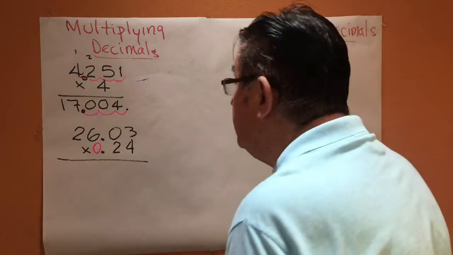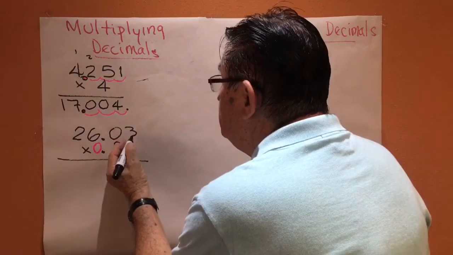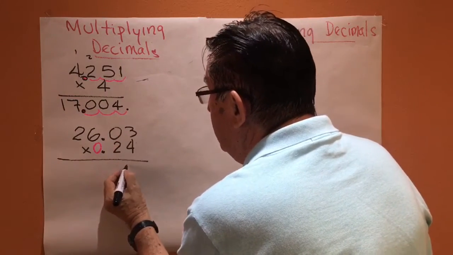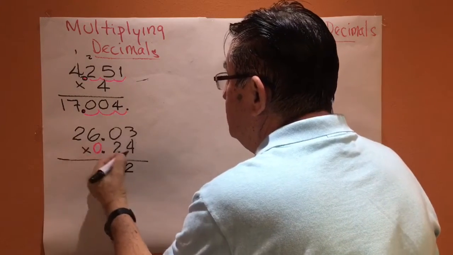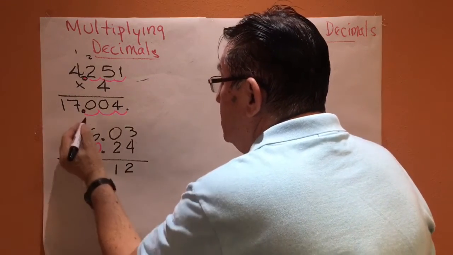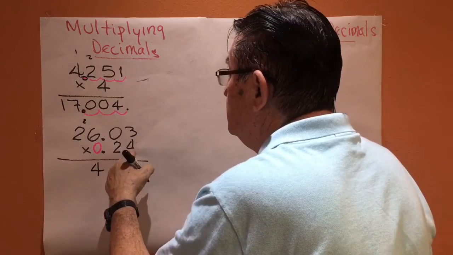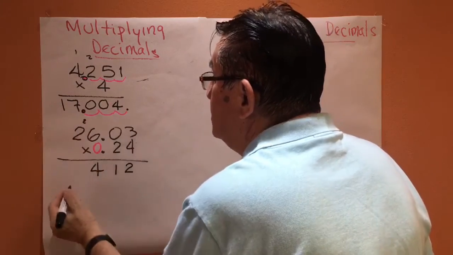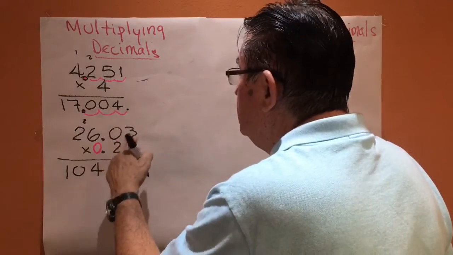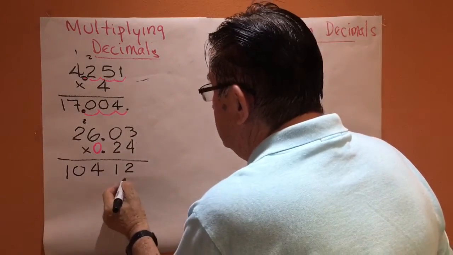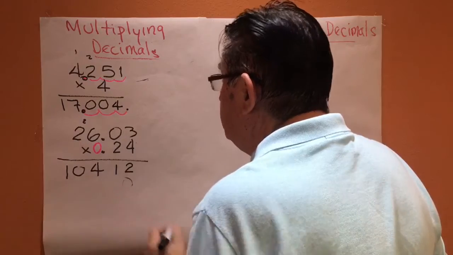We multiply 4 times 3 is 12. We carry 1. 6 times 4 is 24. We carry 2. 4 times 2 is 8 plus 2 is 10. Okay? Now we multiply 2 times 3, since this is a place that's occupied by 0.